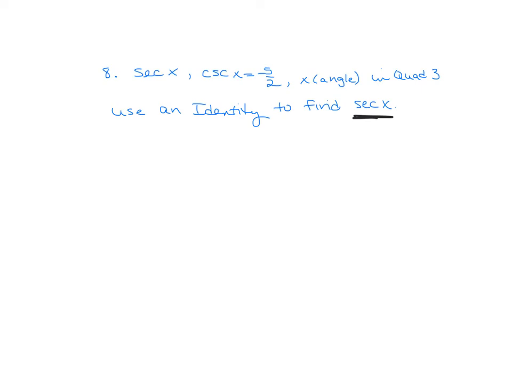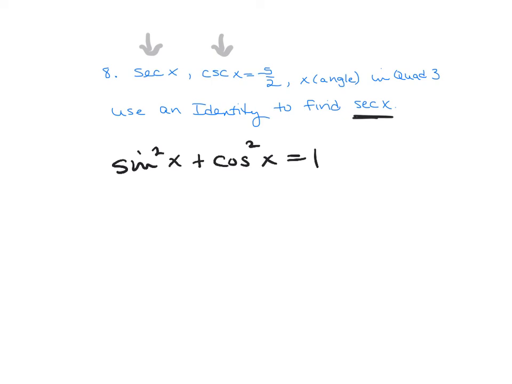So let's go ahead and look at what we're given. We're given cosecant, and we're asked to find secant. So we need to think of an identity that might help us. And the identity I'm going to use is going to be sine squared x plus cosine squared x equals 1, because both of the things in my problem are the reciprocals of both of these.